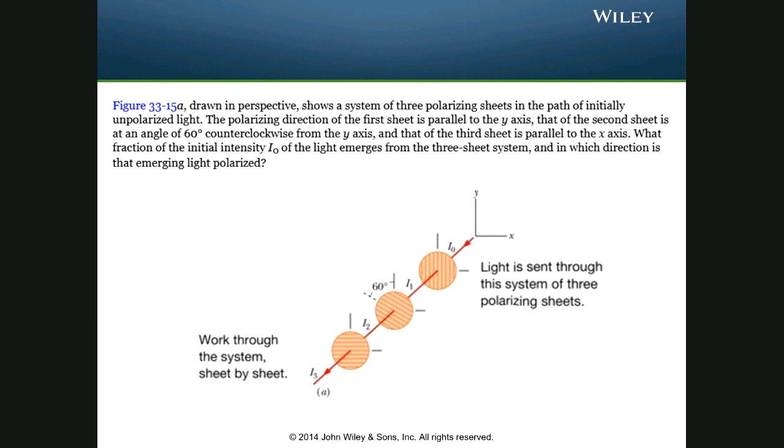It shows a system of 3 polarizing sheets in the path of initially unpolarized light. So we have 1, 2, 3 points to look at. So first let's look in purple. We have I0, right? And we know that I1 is on the other side. And this will be equal to 1/2 I0.